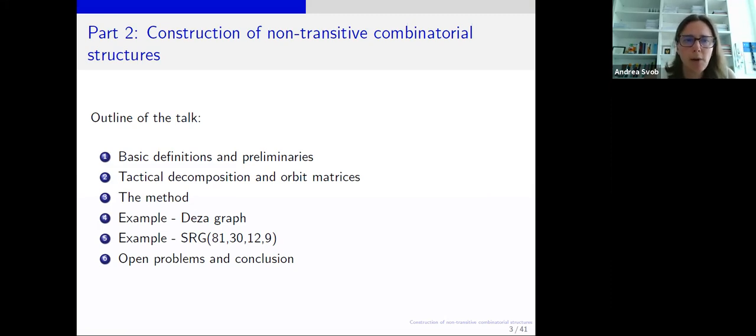In this part, I will introduce structures that are matrices, called orbit matrices. And why? Because in the third part, I will show you the method, which is based on the method that I introduced last Tuesday, and the method that I will explain in the second part. And this method will give us non-transitive combinatorial structures.